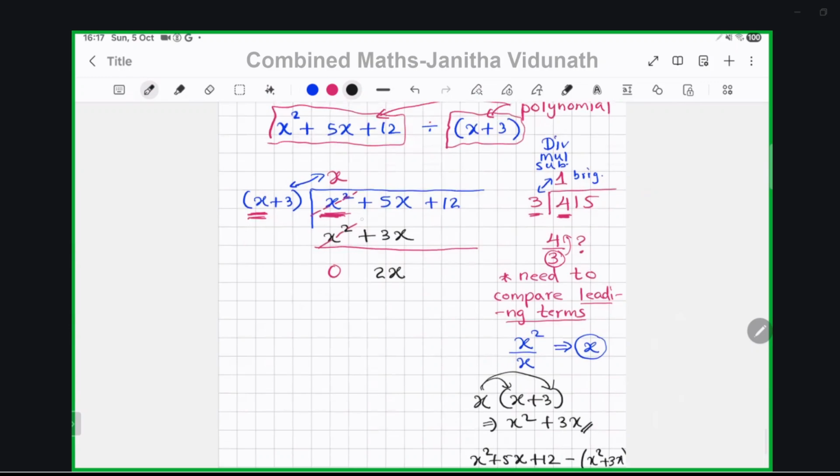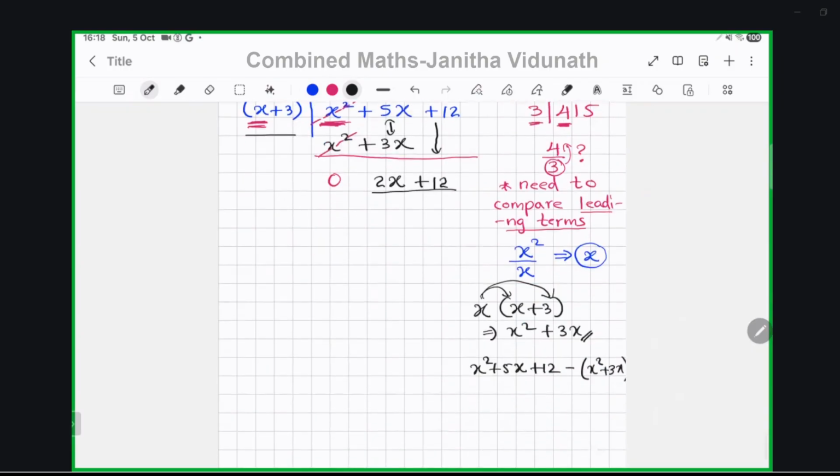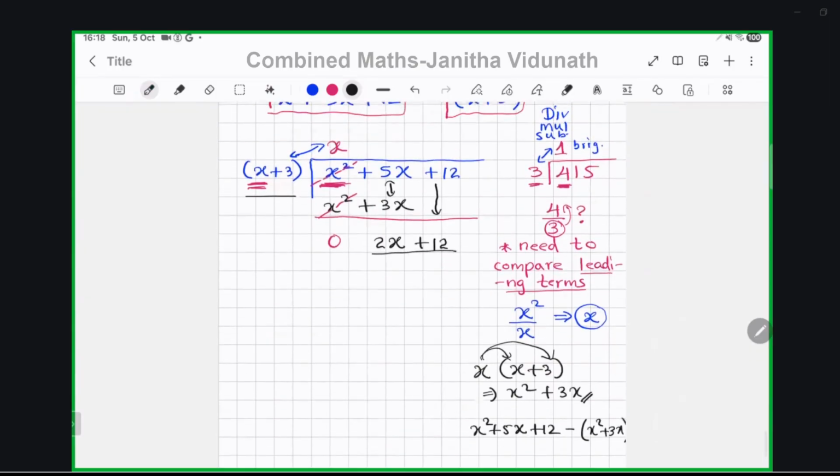Okay, here the x squared terms are cancelled out. Then 5x minus 3x is 2x. Then we bring down the remaining term. Here plus 12 is remaining. Okay, now we check again: can we divide the remaining term by the divisor? Here our remaining term is 2x plus 12, and our divisor is x plus 3.